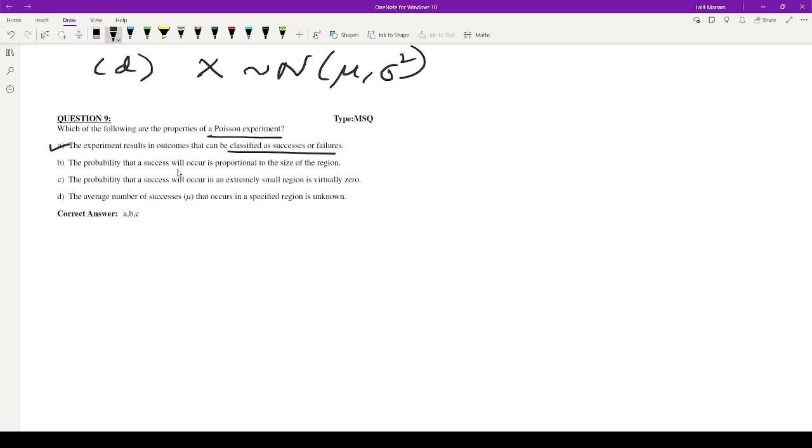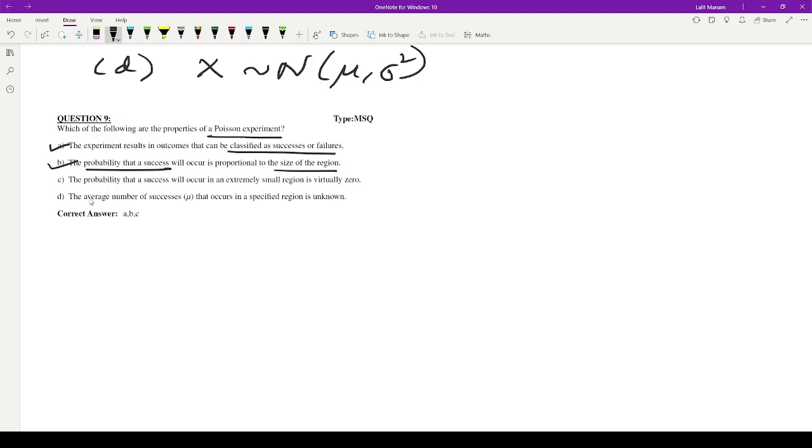The probability that a success will occur is proportional to the size of the region, which is true because, for instance, if we are measuring the number of phone rings in a given time period, if you have 5 phone rings per day and you extend the time period to 2 days, our expectation of phone rings will increase to 10. That means the probability that success will occur is proportional to the size of the region.